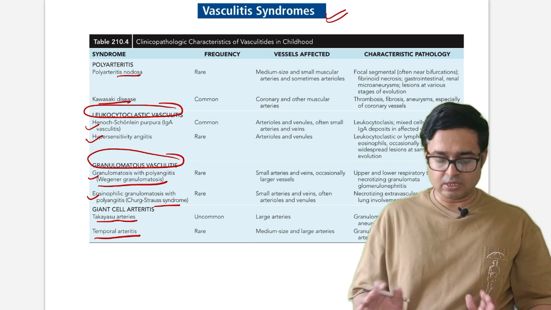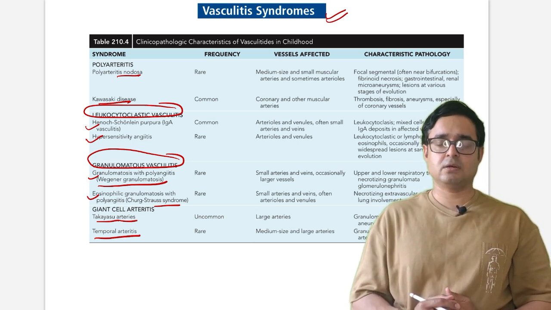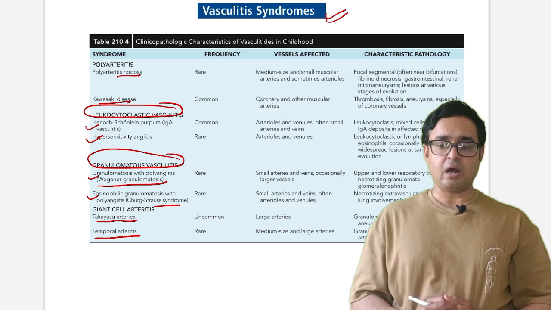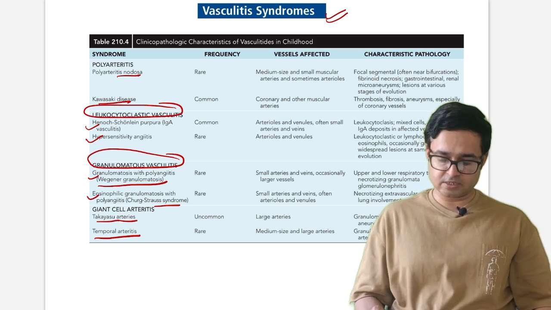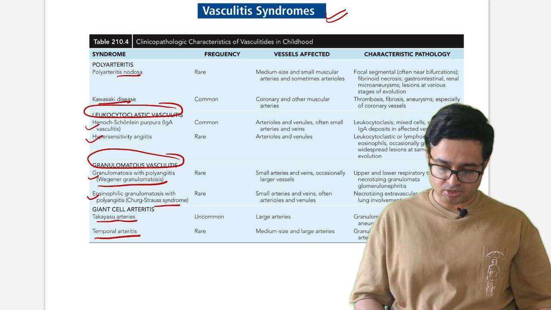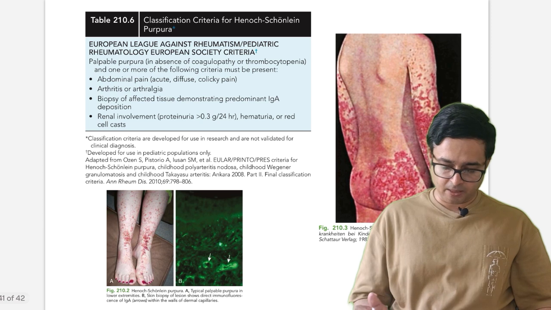Just go through the classification part of these arteritis. The detailed discussion is out of scope of this discussion, because we are just revising high quality stuff for the NEET SS pediatric upcoming exam.